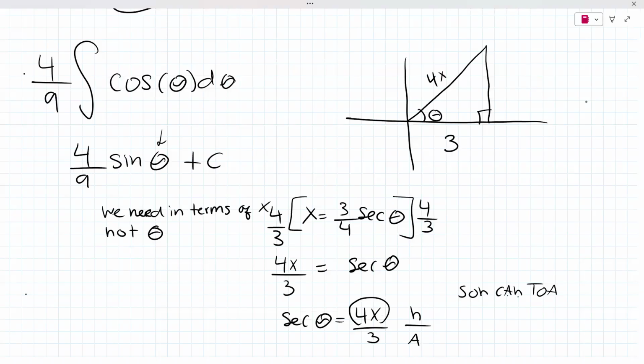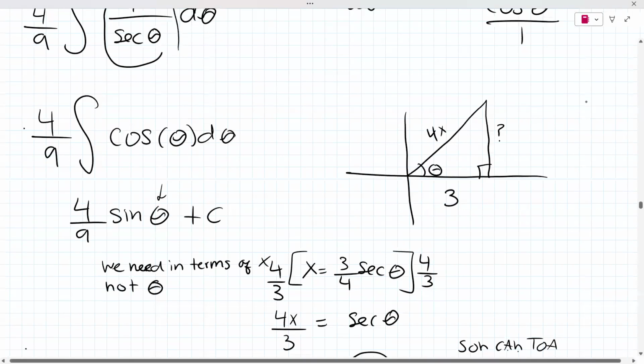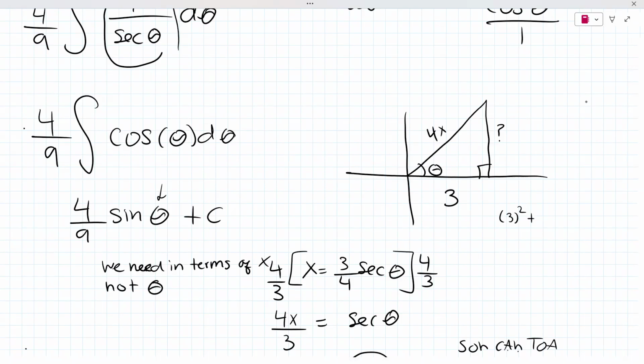Okay. Now we have to find this missing leg by applying the Pythagorean theorem. So it's going to be 3 squared plus b squared equals c squared. So 3 squared is 9, b squared, and 4x squared is 16x squared.